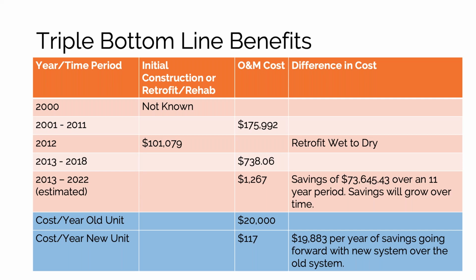So instead of $20,000 a year, we had just a very little bit of money, just over $100 a year. So we estimated the 10-year cost would be about $1,267 total. So over an 11-year period, even considering the cost of the retrofit, there was going to be over $73,000 in savings. And every year, there's going to be almost a $20,000 savings.